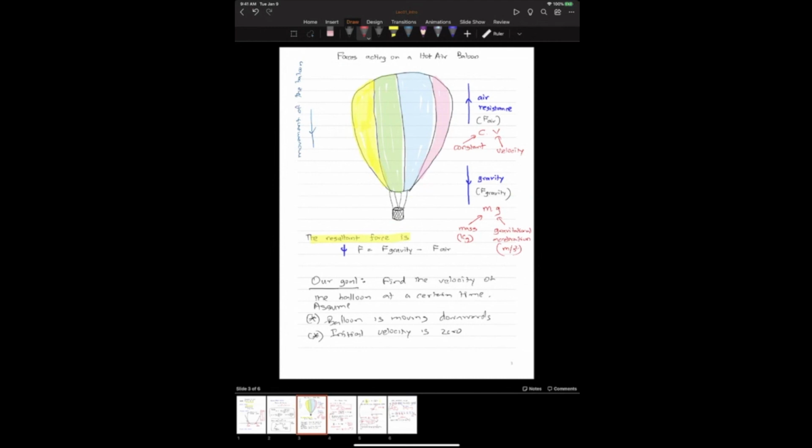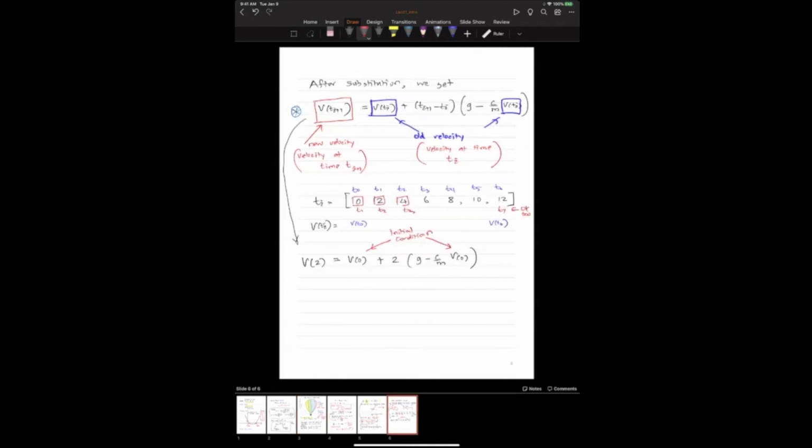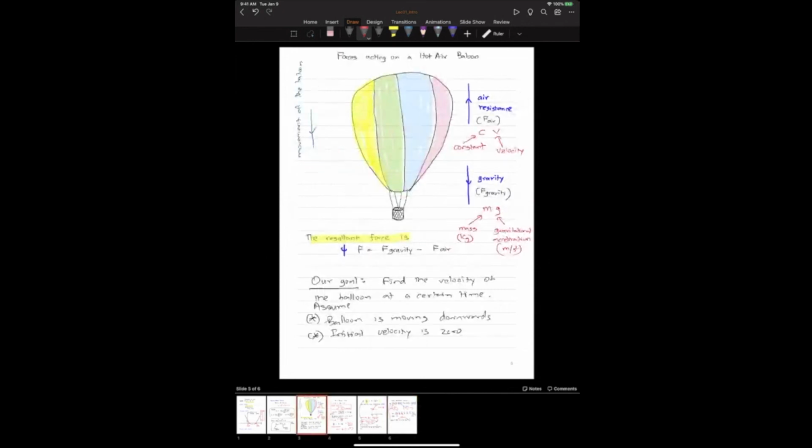Without that assumption, we won't be able to solve this numerically. So we need to know v0. Let's say v0 is 0. Then you just substitute 0 and you have your answer. Obviously, we need to know g, c, and m, so I should put that as an assumption too. The values of g, c, m are known.